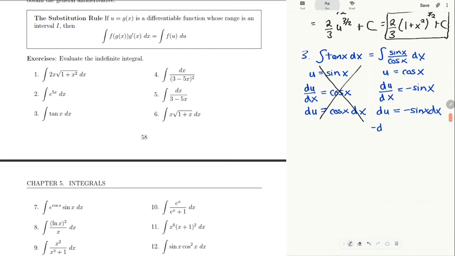And so negative du is equal to the sine of x dx. So we can substitute the denominator with u, and the numerator is equal to negative du. And so we get the integral of sine of x over cosine of x dx to be the integral of 1 over u times negative du.